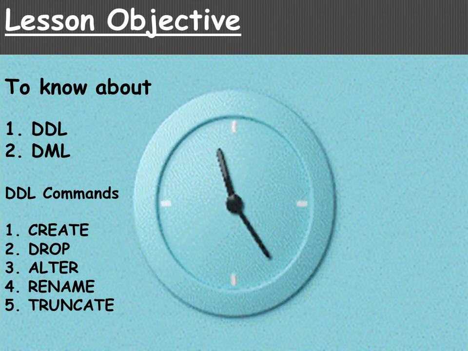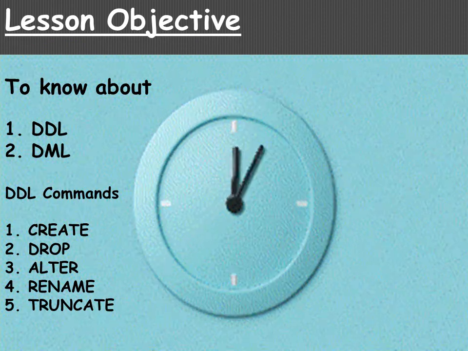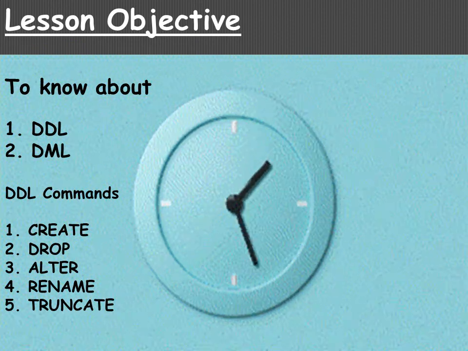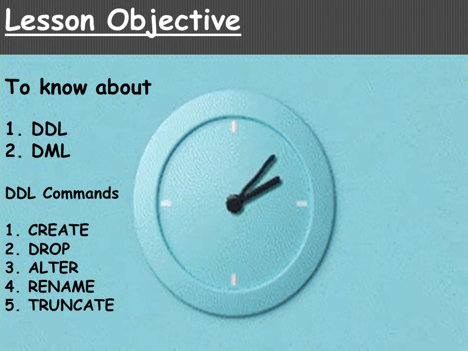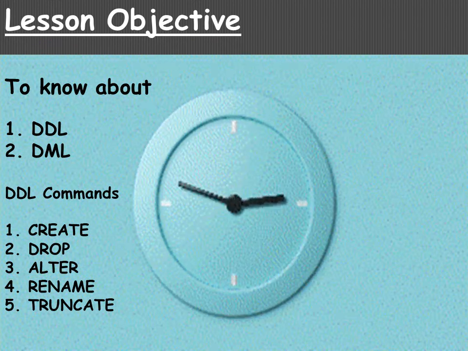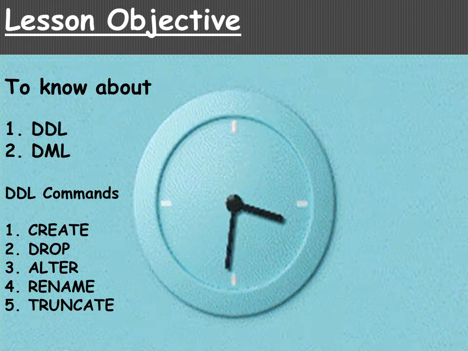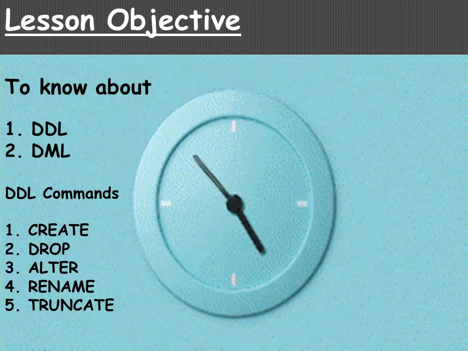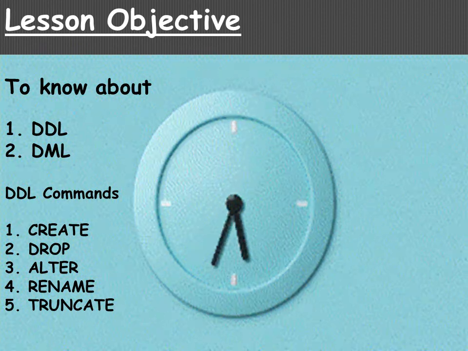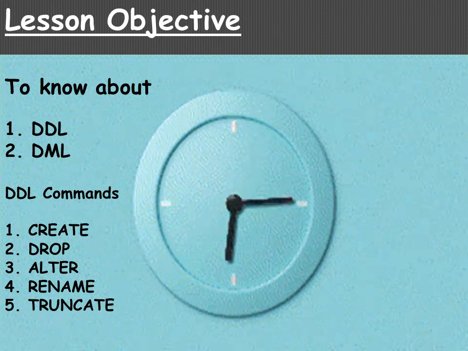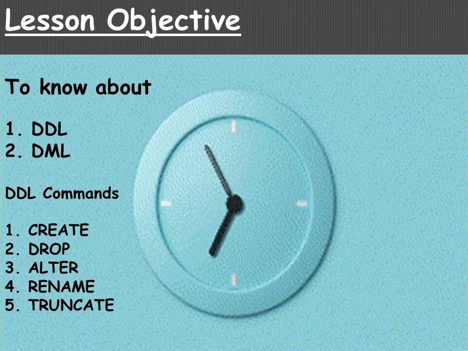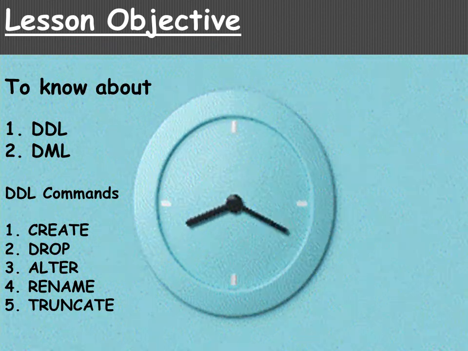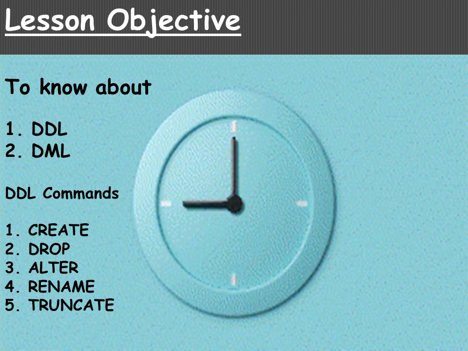What does this mean? You can define what the name of the table should be, what the names of the different fields in the table should be, and what the data type should be. You can set constraints, like the primary key and foreign key. Manipulating the data means you can add some records, delete some records, or modify some records or data.